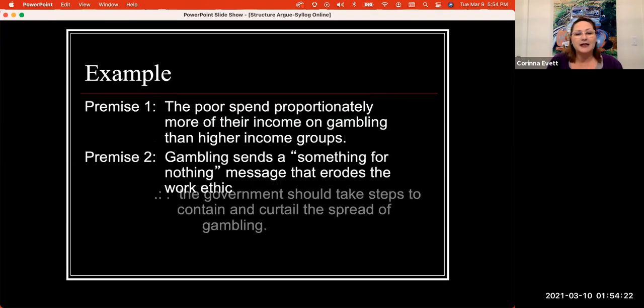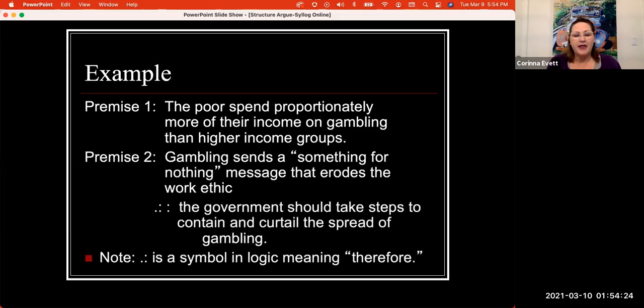So here's an example of that earlier argument put into syllogistic form. And so you'll notice here it says premise 1. It is important to consider, particularly if we're using deductive reasoning, the order of our ideas is really important.